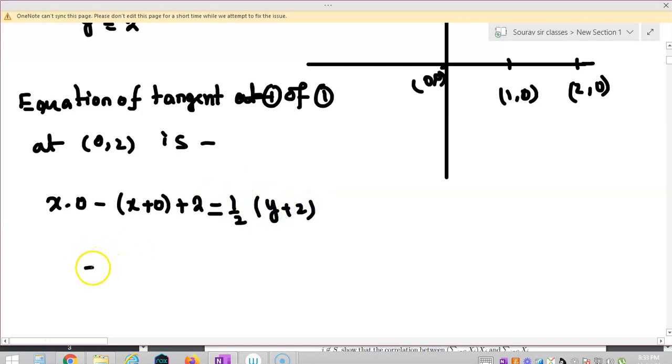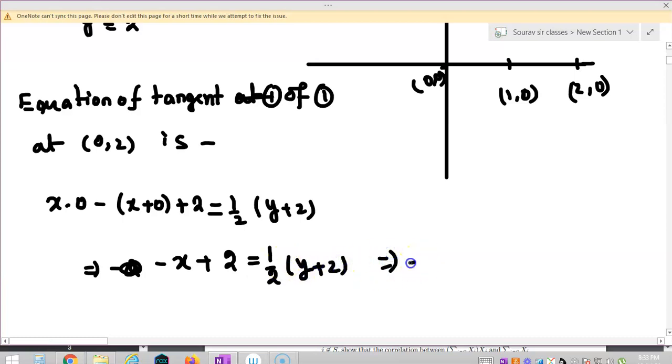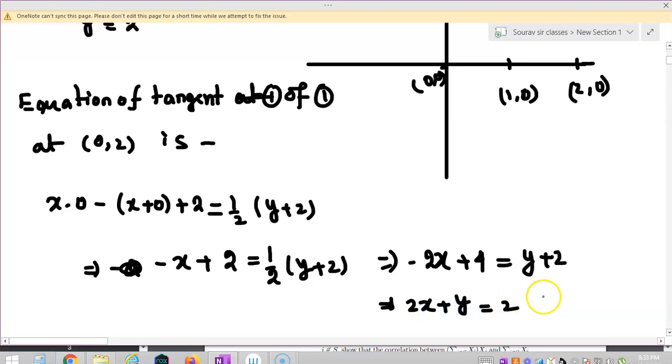So it will be minus x plus 2 is equal to half into (y plus 2). So it will be minus 2x plus 4 is equal to y plus 2, so it will be 2x plus y is equal to 2. This is our equation 2. So the tangent of 1 at (0, 2) is this.